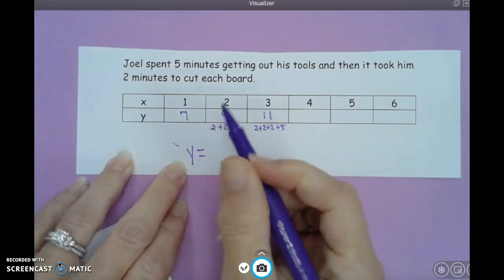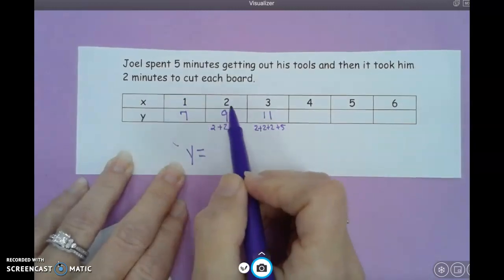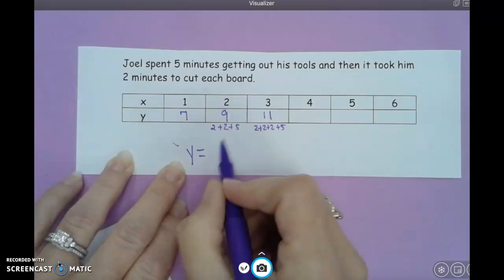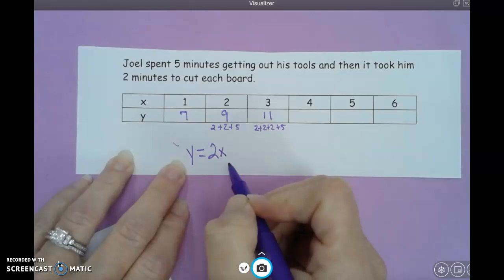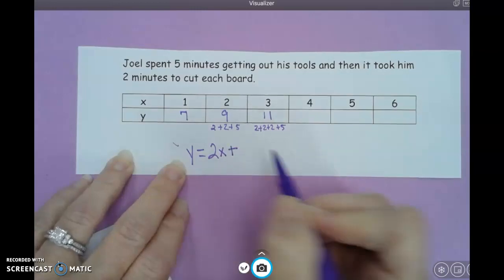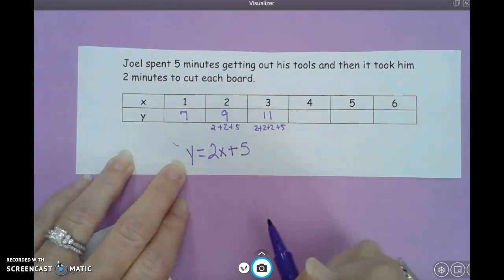So to my x, every time I cut a board, it takes 2 minutes. So 2 times however many boards I've got, plus the other thing that's happening is we do that 5 minutes one time. So that's why we only have 5 up there one time, is because it only happens once.